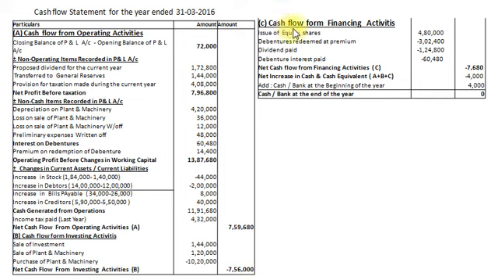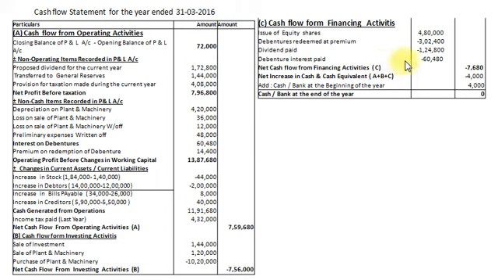Now cash flow from financing activities. While calculating cash flow from financing activities, we will consider share capitals and long-term borrowings. First, issue of equity shares rupees 4,80,000 cash inflow. Debentures redeemed at premium rupees 3,02,400 cash outflow.